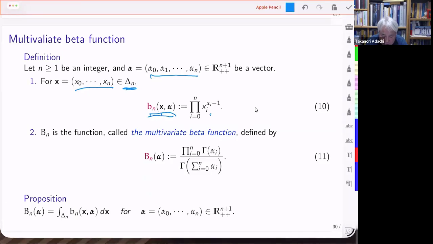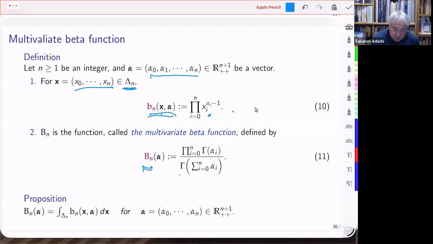This is a convex set, so the sum of these is 1. Then we define equation 10, and we define another equation B_n. This is called the multivariate beta function, the ratio of gamma functions. The simple beta function is the case n equals 2, n equals 1. But we have the general n case.